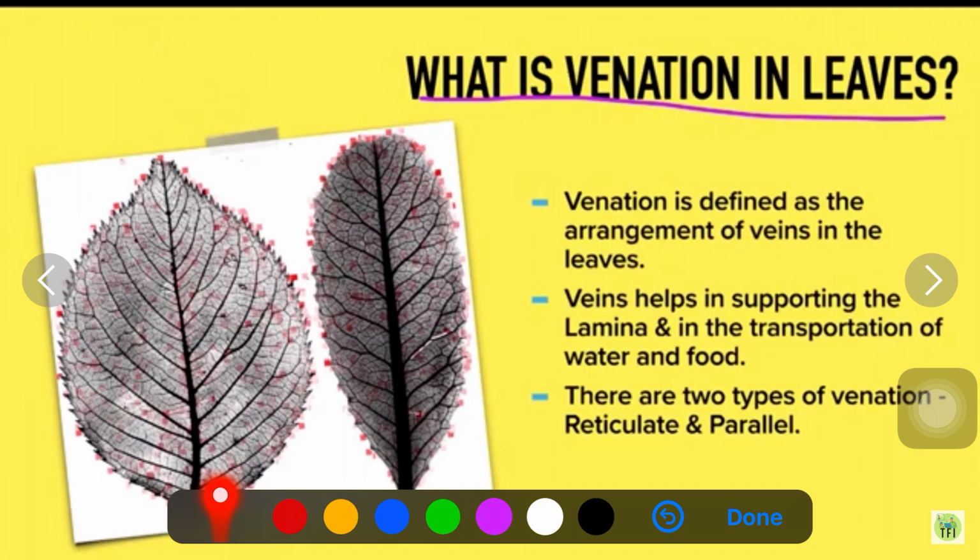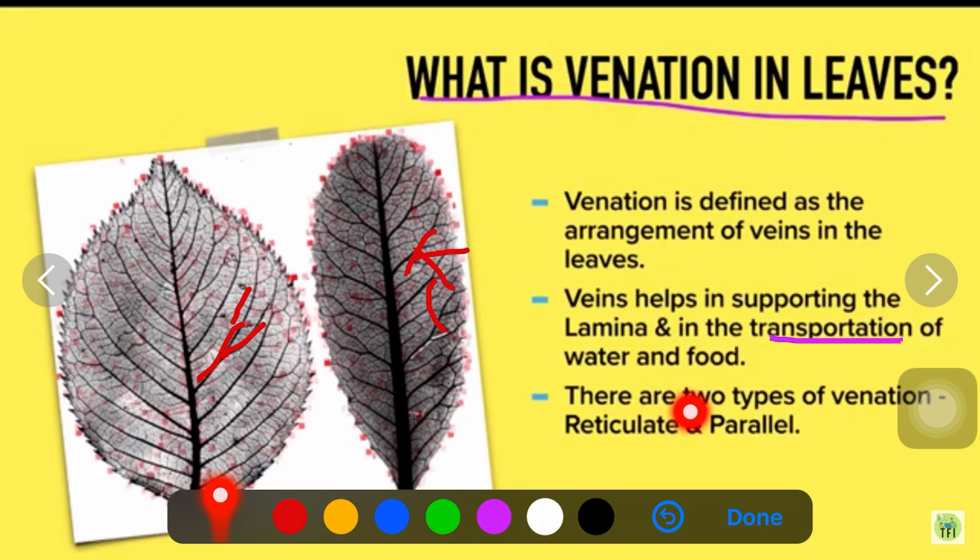As you can see, these two leaves have different arrangements of veins in themselves. And what is the function? Veins help in supporting the lamina and in transportation. They work as a vehicle for carrying water and food to different parts of the plant.